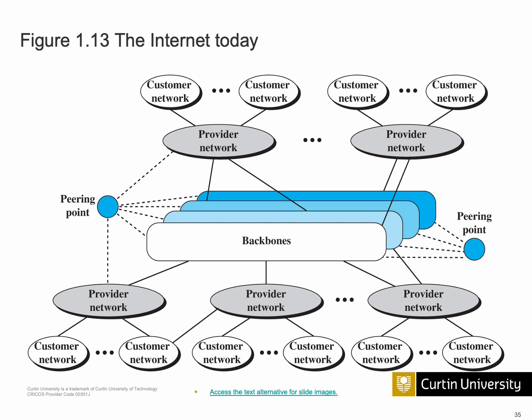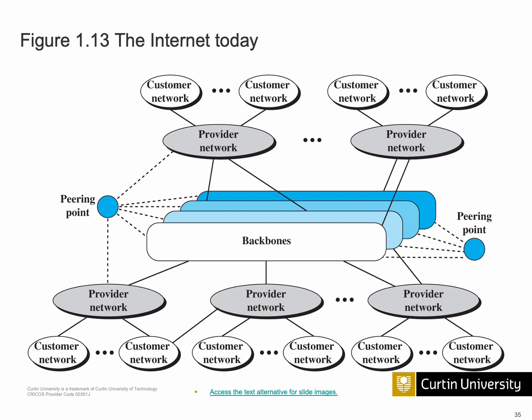The backbone networks are connected through complex switching systems like peering points. At the second level, we have smaller networks called provider networks. They use the services of the backbones for a fee. The provider networks are connected to the backbones and sometimes to other provider networks.